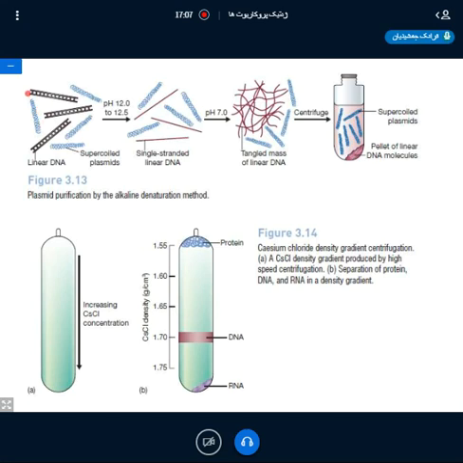Okay, so all of you tell me, what is the linear DNA? Tell me. Bacterial chromosome.